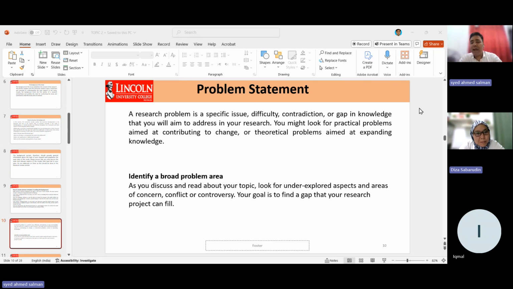Your goal is to find a gap that your research project can fulfill. So what is the research gap here? The research gap here, there is no academic performance in private university students. Am I right? Yes. So you already found the conflict, you already found the concern area, and you know that this is an unexplored area, right?